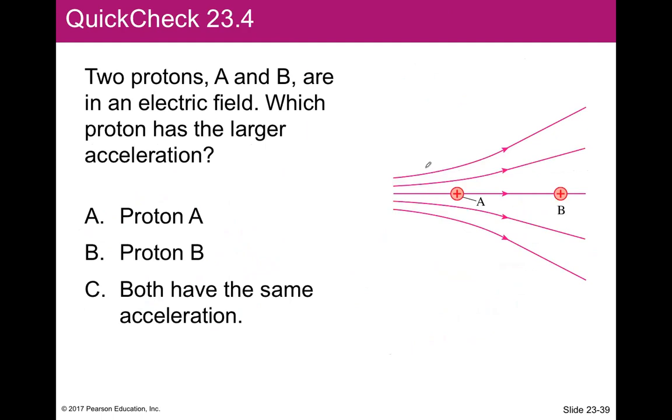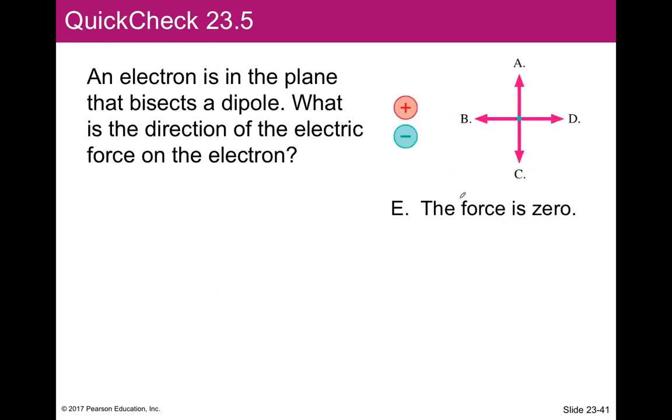So similar to the electric field strength, another way to ask is which has stronger acceleration. So which one has stronger acceleration? A, because the field lines are denser. So what's the answer for this question?